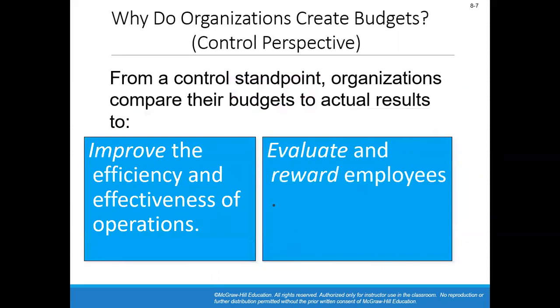Okay, now other than the points which are more related to planning, from the control perspective, budget helps us improve efficiency. When we have a budget, we like to utilize the resources in the best way.